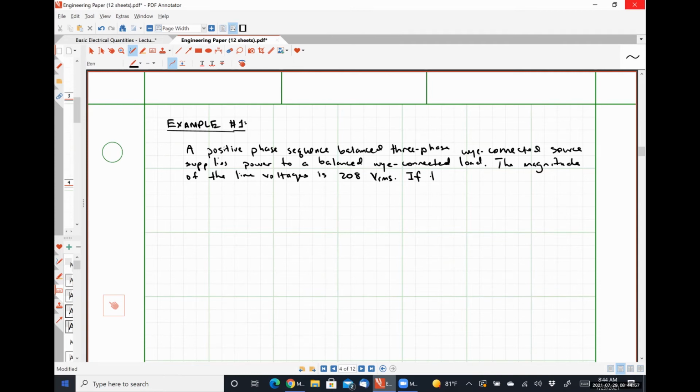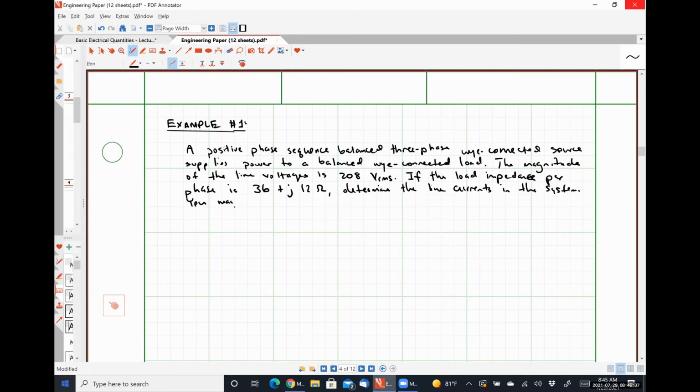If the load impedance per phase is 36 plus J12 ohms, determine the line currents in the system.